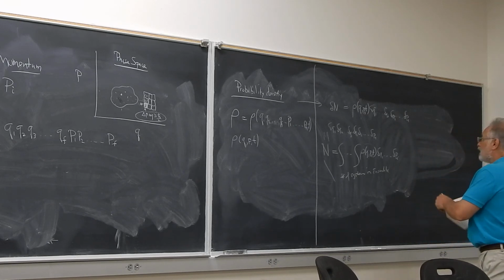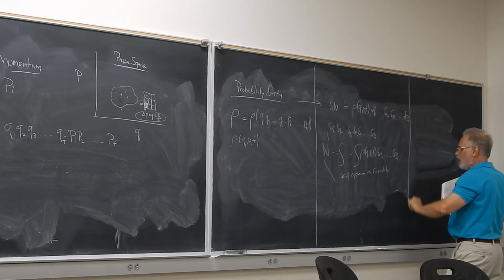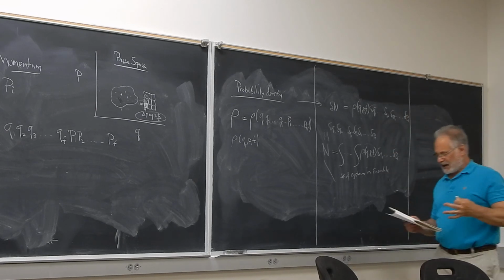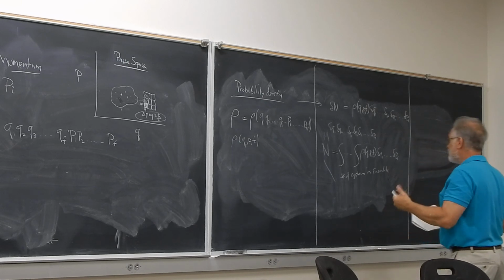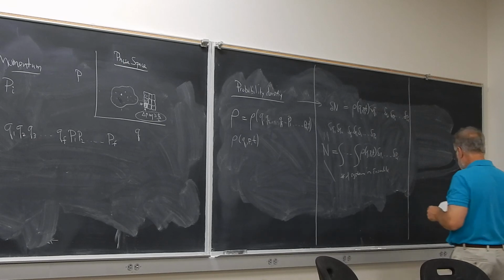Now, on the other hand, suppose, given this ensemble of systems, we want to find a mean value of some physical quantity, some mechanical quantity, maybe pressure, for the systems in the ensemble.